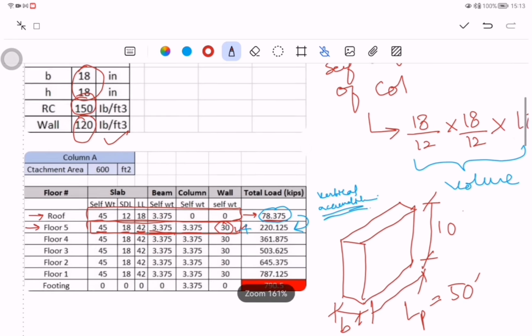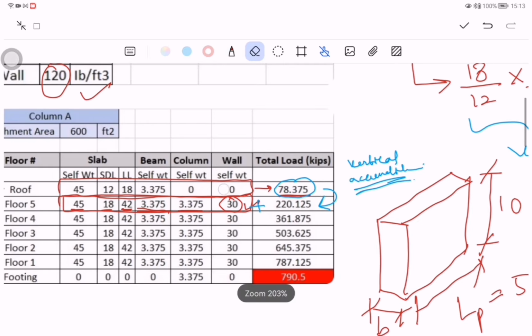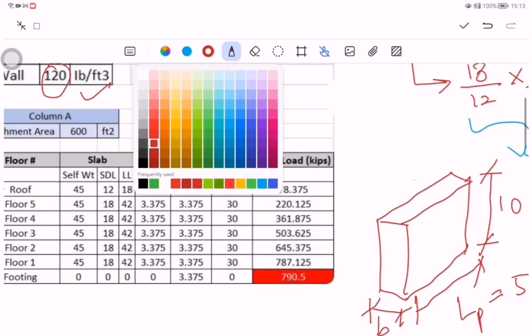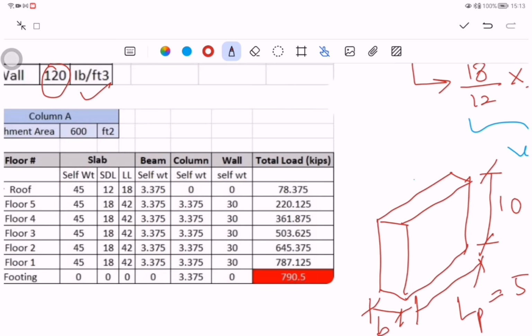So in short, if you look at this particular table, let me clean it again so that I can rewrite. This thing will be the sum, and this number will come. This thing will be the sum plus this, and this number will come.